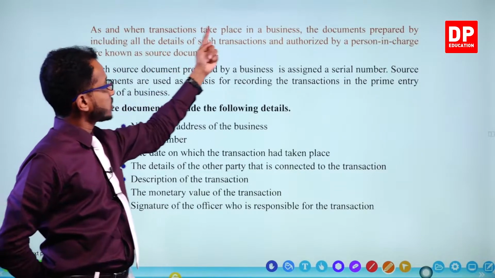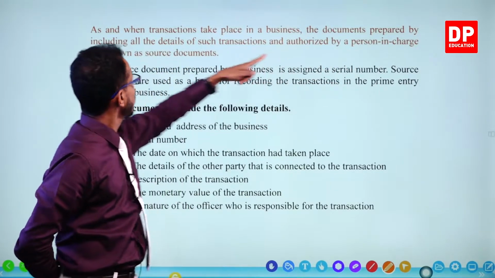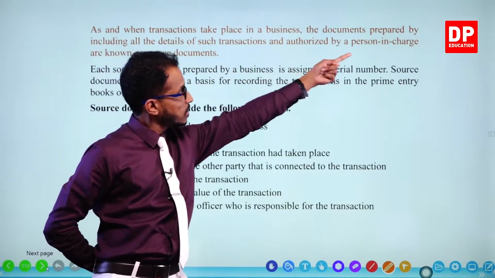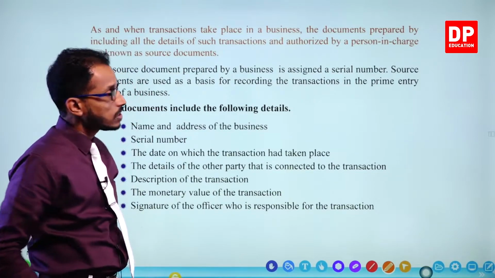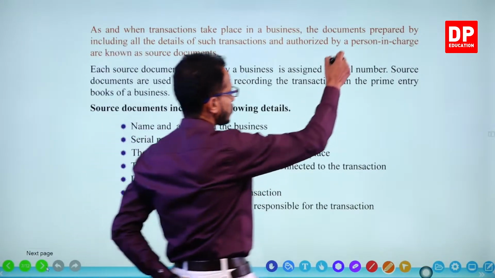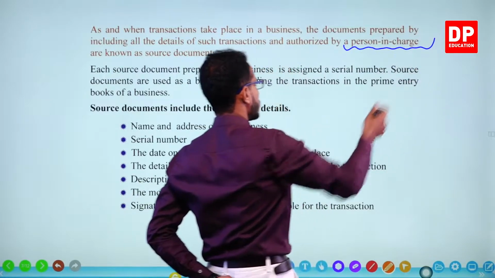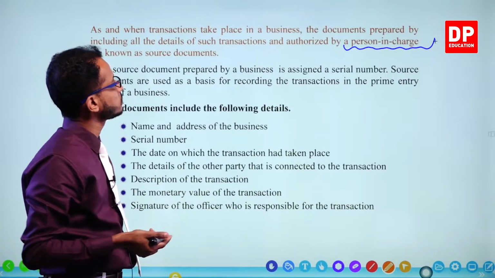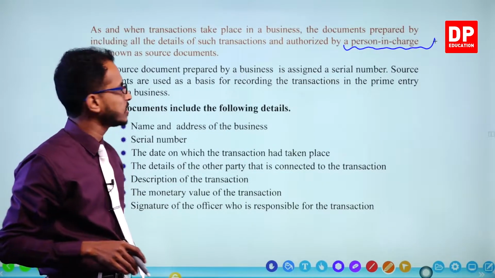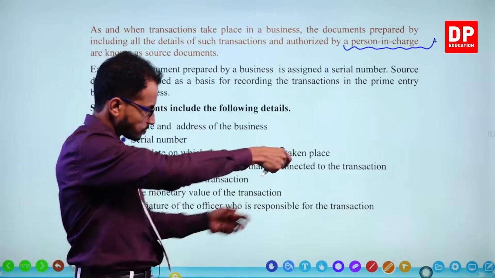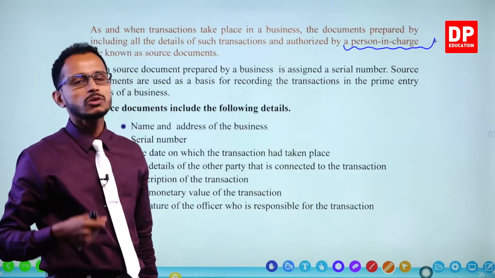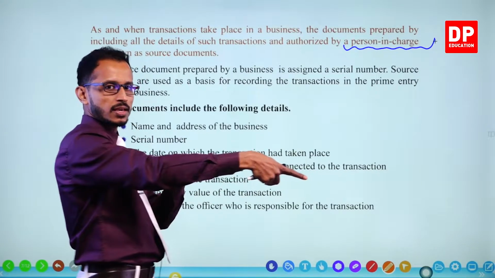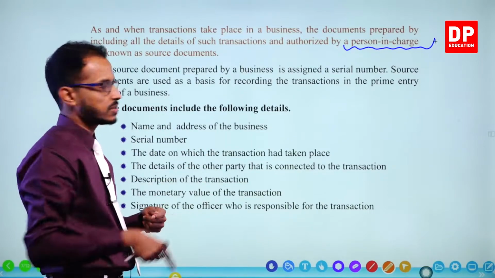That person in charge most of the time is the cashier. Most of the time, children, it's the cashier. He or she gives you the original bill, the original source document, and keeps the copy in the machine.